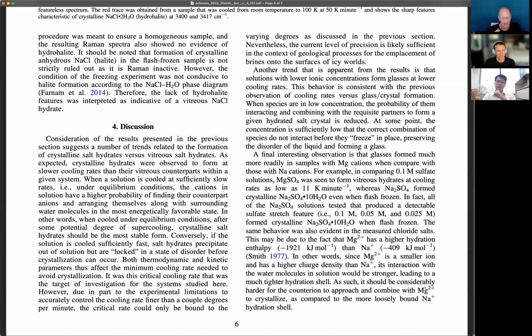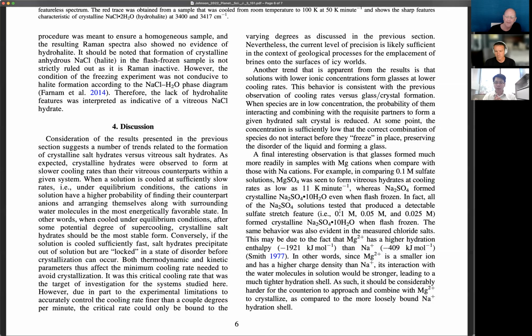So you have a really high charge density particle that's bound very strongly to the hydration shell, and so it's going to be considerably harder for the sulfate to come and find it. Whereas the sodium has a relatively weaker hydration shell, and so it forms a crystal easier.